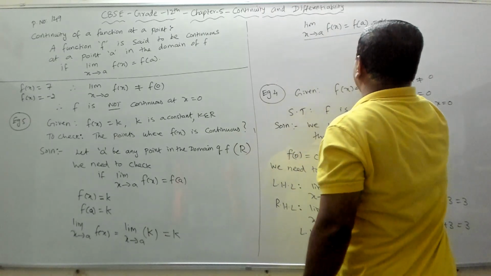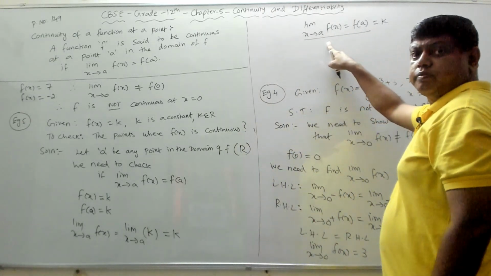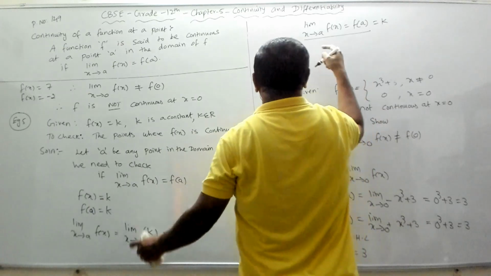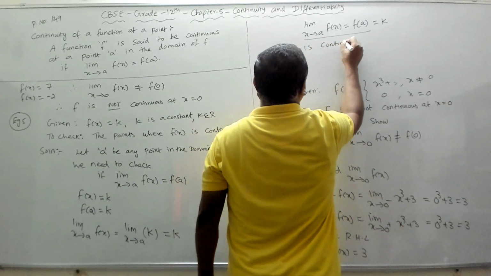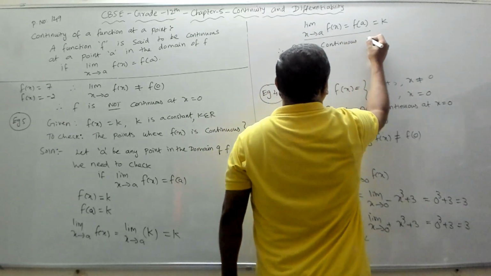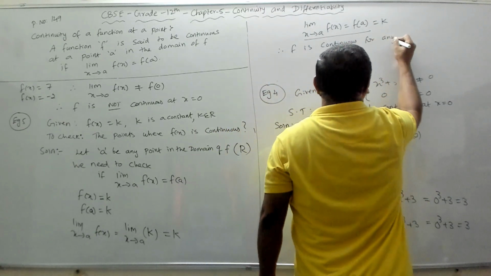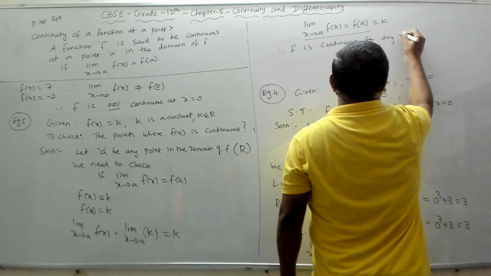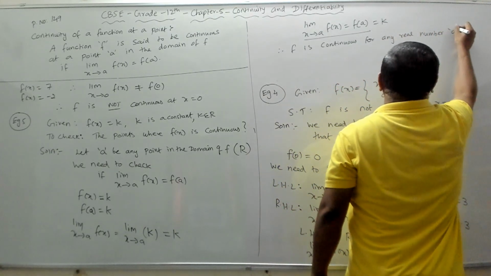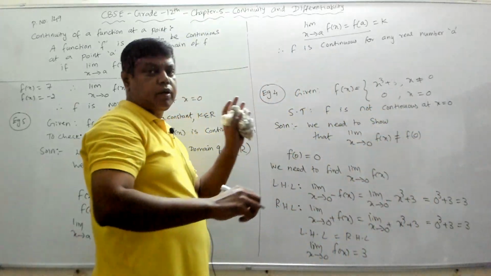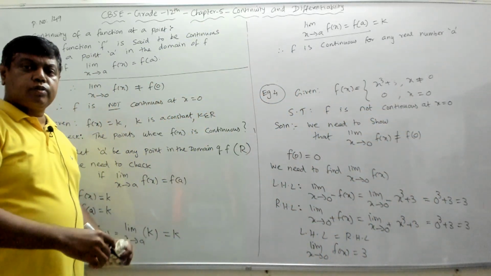And this is what is needed for continuity. So therefore, f is continuous for any real number a, which means f is continuous for every real number.